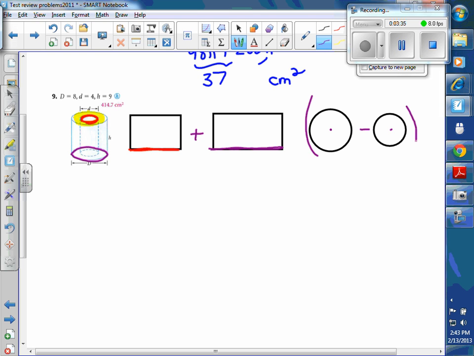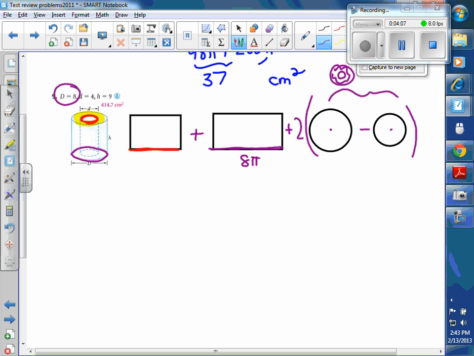Does that make sense? So those are all the pieces. So this right here is like that donut shape, the annulus. So what we know is that the circumference of the big circle, because D is 8, this is 8 pi.